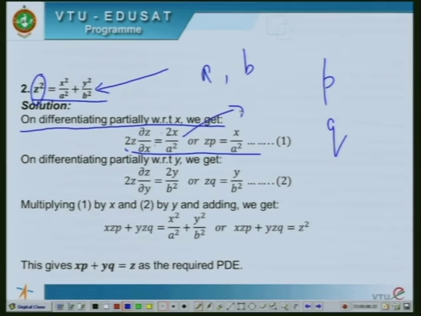Here, if you use the notation dou z by dou x equal to small p, I get 2zp equal to 2x by a square. You cancel the 2 on both sides to get this expression, zp equal to x divided by a square.